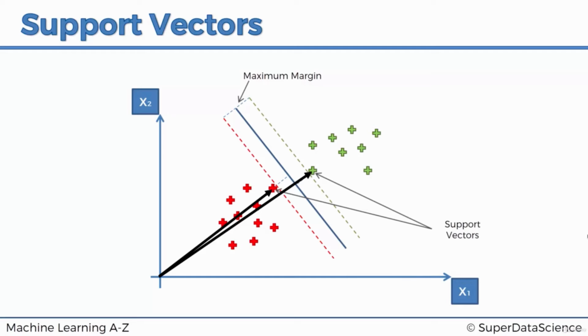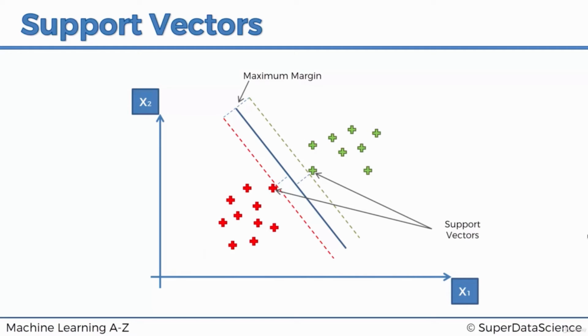The more general term for the points that we see here is vectors, and this is something that is studied in high school or university mathematics. Generally speaking, they're all vectors. Just in this particular example, when we have two dimensions, we can call them points. But in reality, they're vectors, and that's why they're called support vectors.